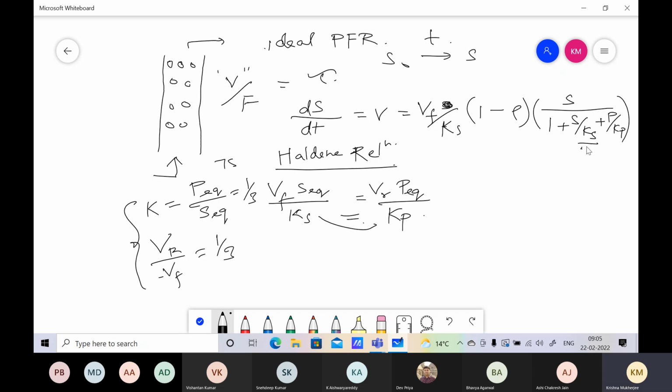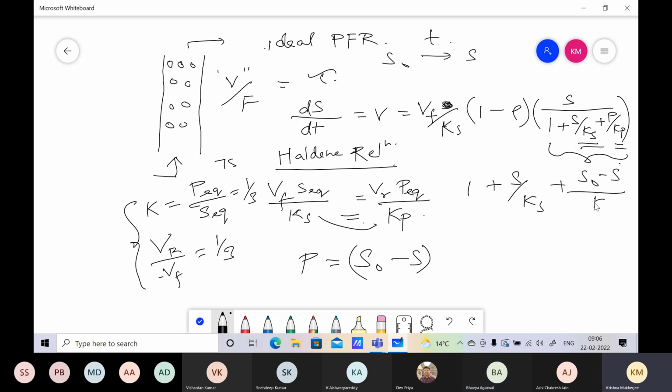If Ks and Kp are equal, that simplifies the integration a lot, because P is nothing but S naught minus S. So this expression becomes 1 plus S by Ks plus S naught minus S by Ks, and this simply becomes 1 plus S naught by Ks, which is a constant. That was the whole idea, to make life easy, to ensure that this is a constant and this is a constant.